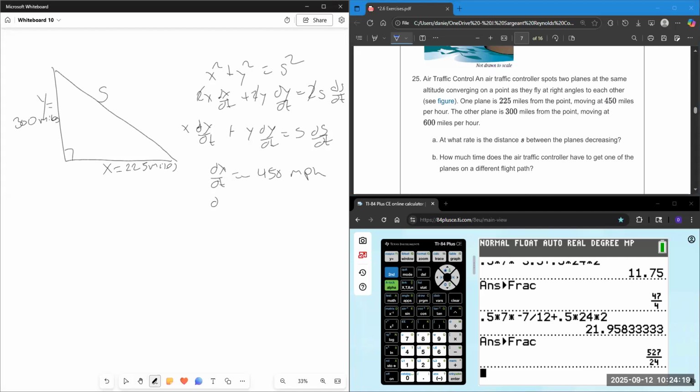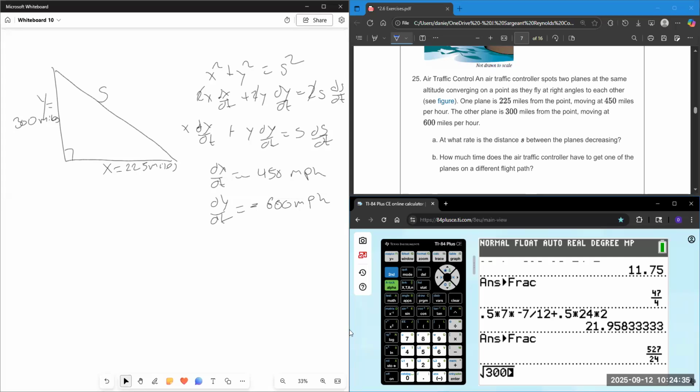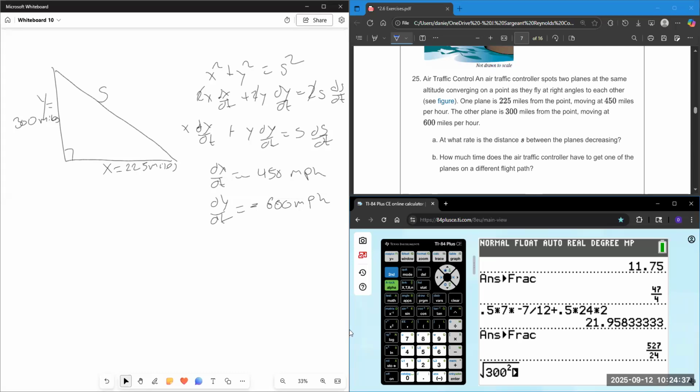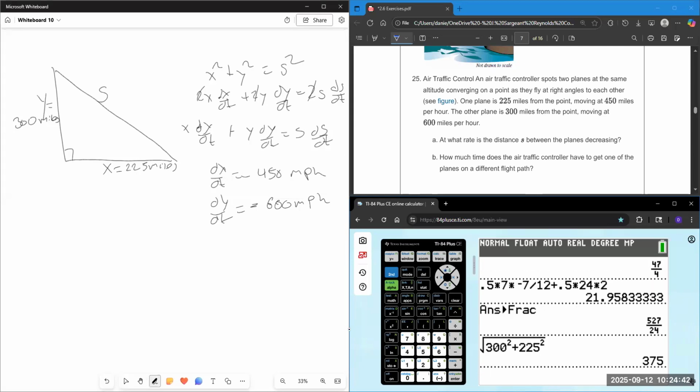And dy/dt is a negative 600 miles per hour. That gives me an original s of the square root of 300 squared plus 225 squared. So this original s is 375 miles when I need it, just in that snapshot of a moment. It's going to be changing for sure.